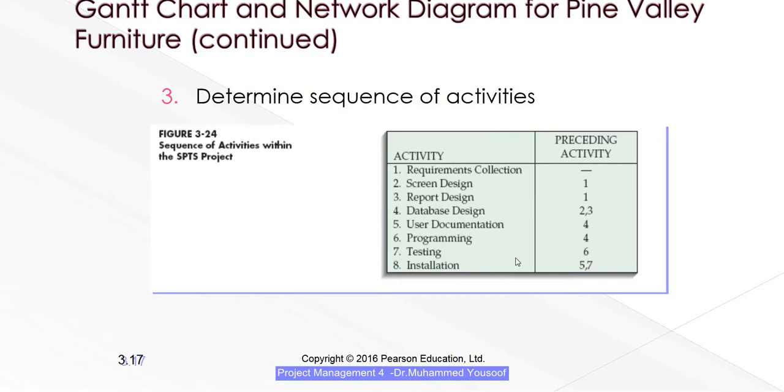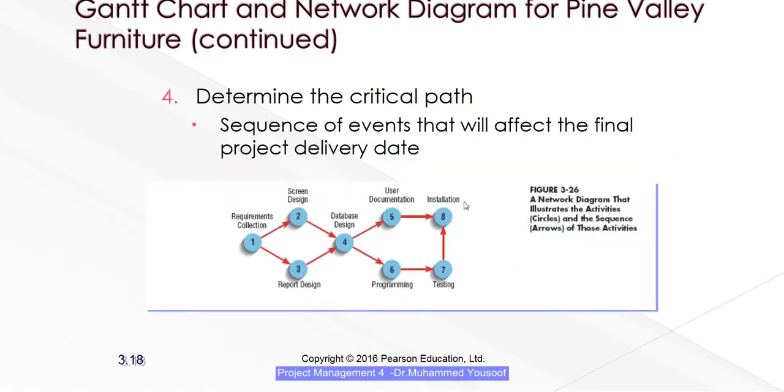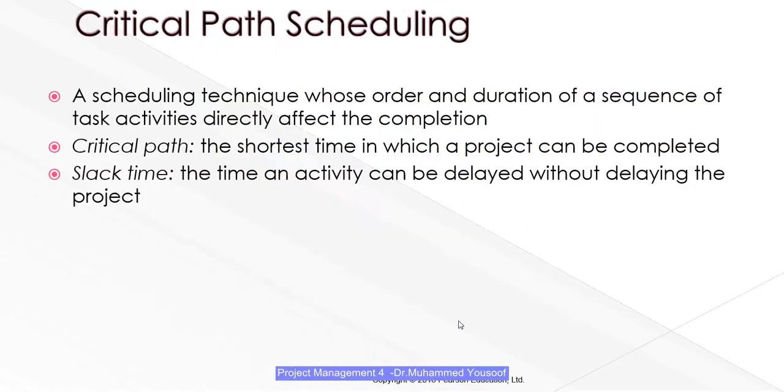You can see it here. Installation, 5 and 7. Testing is depending on 6. So that's how you are going to show it. Is it clear now? The critical path, how the work should be done.